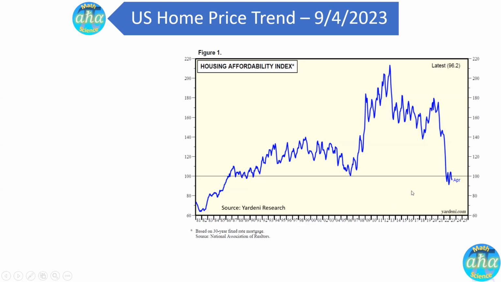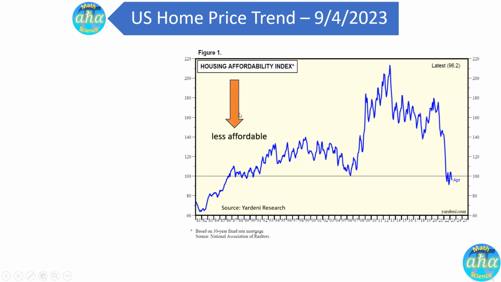This dates to April of this year, and it was hovering around 80 to 90, which is already below 100. This is the worst affordability in the past, really dating back to the early 90s, so more than 3 decades.